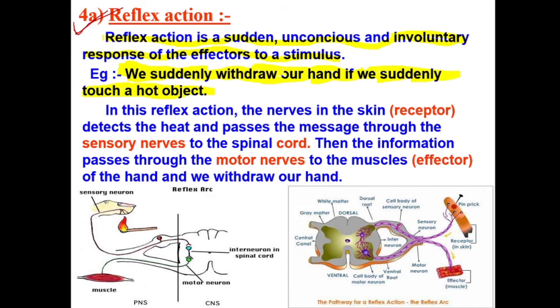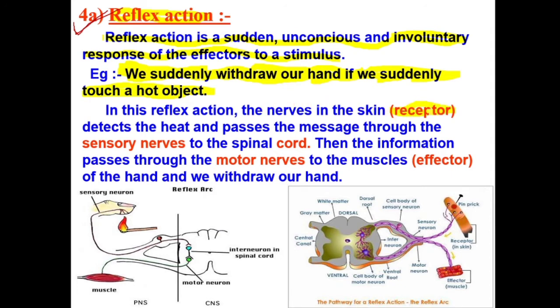Will she spend so much time discussing when the situation is urgent? No. The same thing happens in reflex action. Without any thinking, in this reflex action, the nerves in the skin, the receptor, we are actually talking about the receptor.